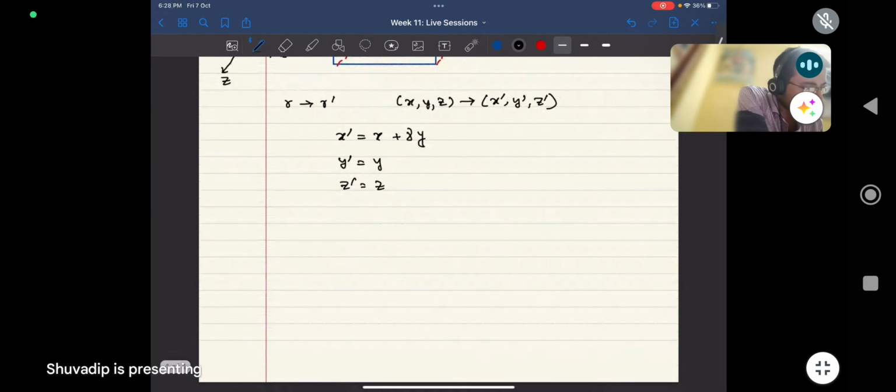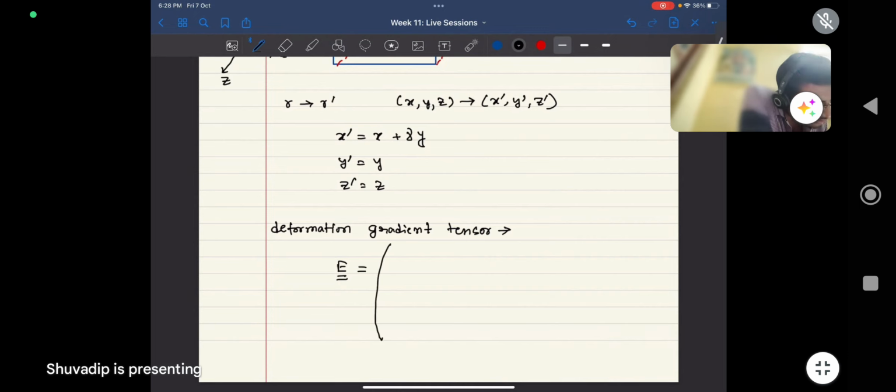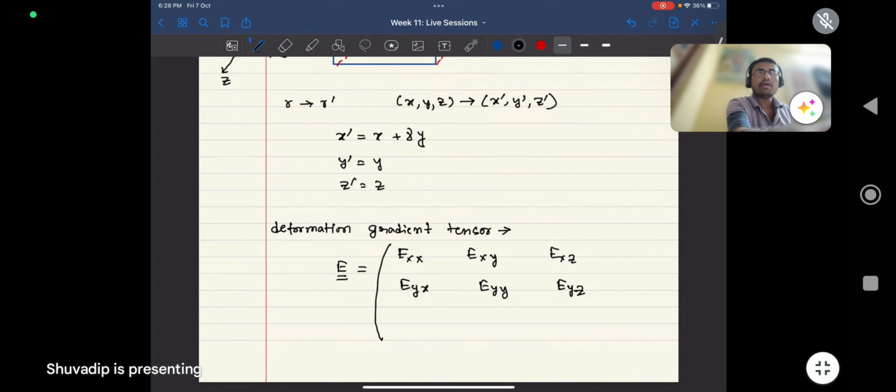Now if we want to write the deformation gradient tensor, which is E, it is given by this matrix: EXX, EXY, EXZ, EYX, EYY, EYZ, and EZX, EZY, EZZ.